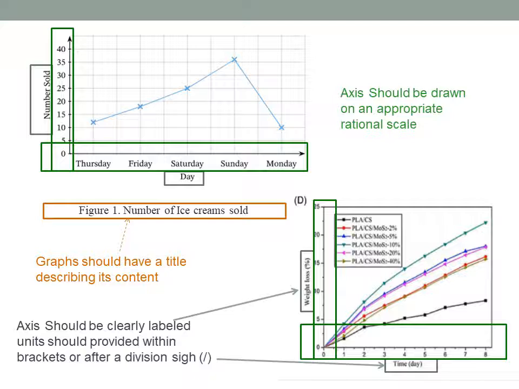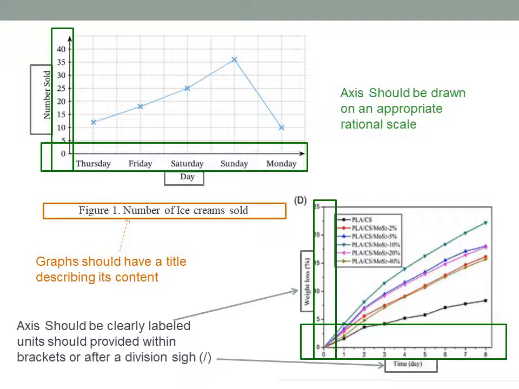So within brackets it says time measured in days, given on the x-axis. Whereas in the bottom graph, the y-axis is weight loss, which is a percentage. So the percentage is given in brackets.